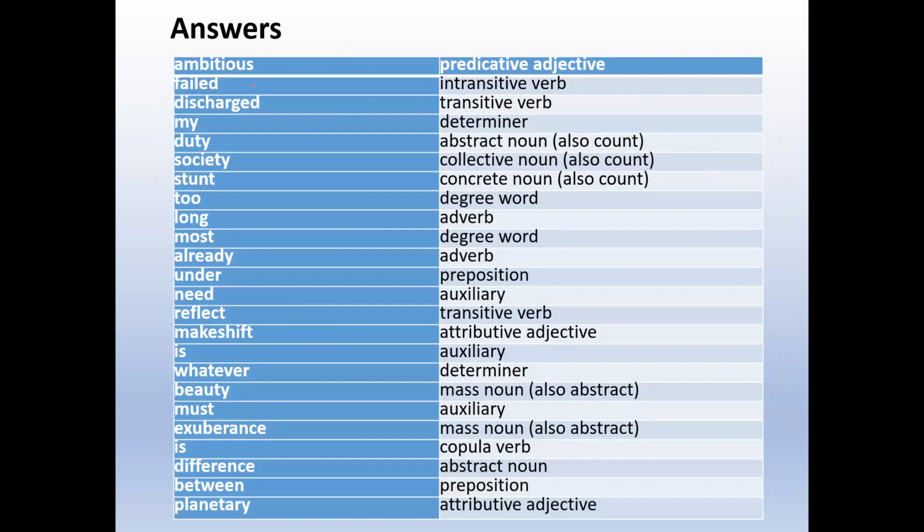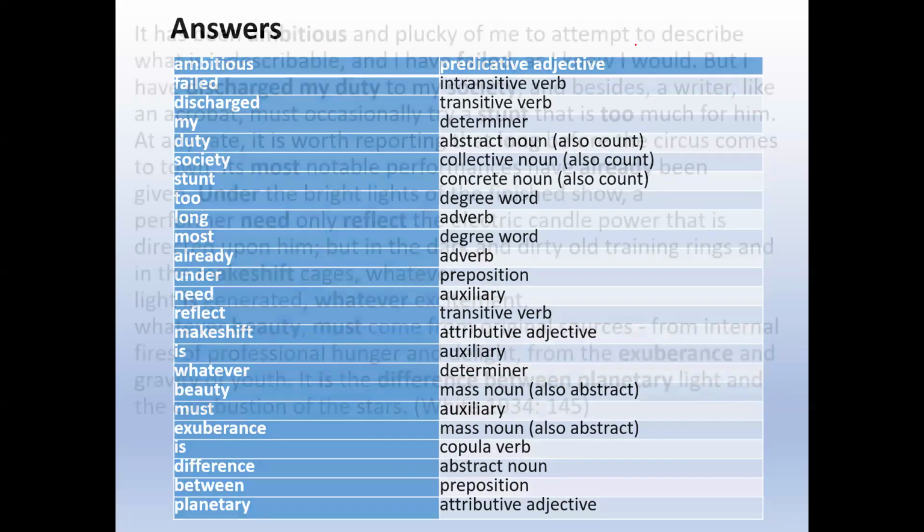So as I asked you, you need to identify the basic word class. And if you know more than that, you need to mention the subcategories using your knowledge of English grammar, the word classes. Okay. So based on that, now ambitious is the first word, and that is an adjective.